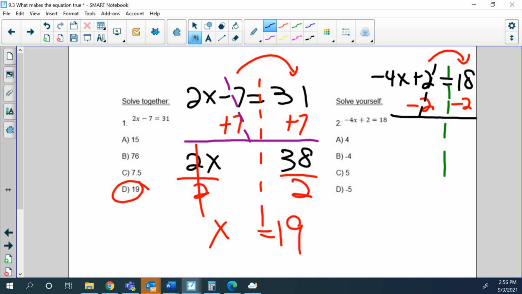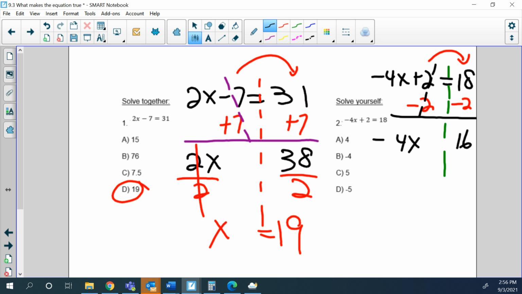That goes away now. So all I'm left with on the left side is just negative 4x. On the right side, 18 minus 2 is 16. Okay.